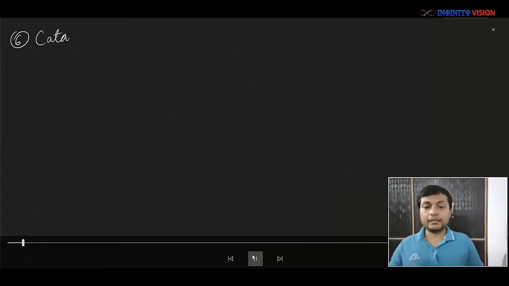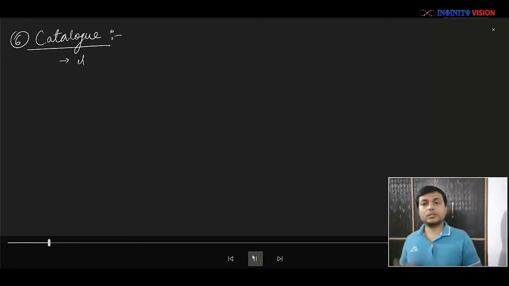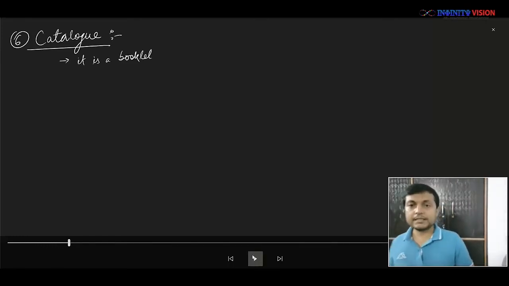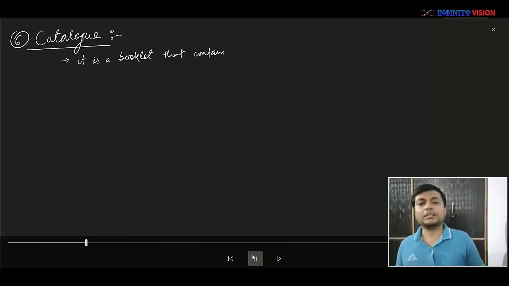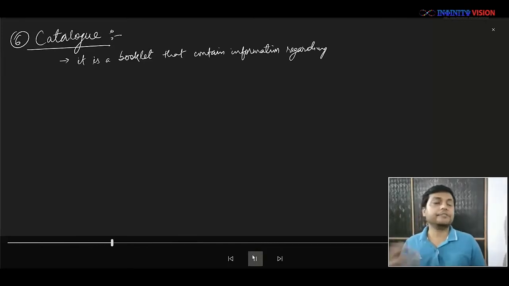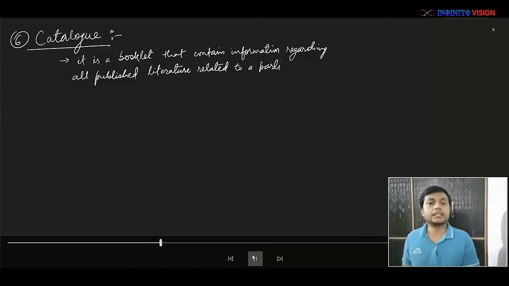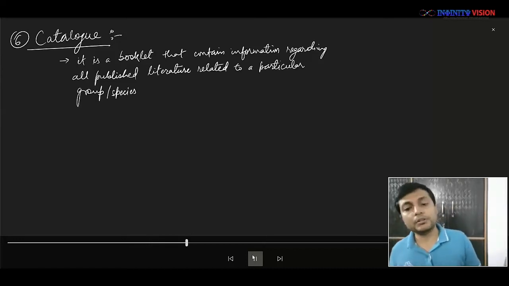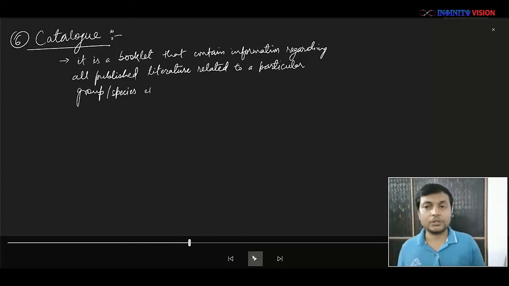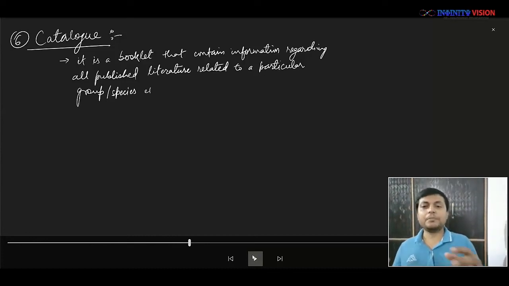Now let us understand the other taxonomical aid, that is called catalog. Now what a catalog is? Catalog is a small booklet, or it is an index that contains information regarding all published literature related to a particular group or species, or maybe a family or order. So about a particular taxon or category.